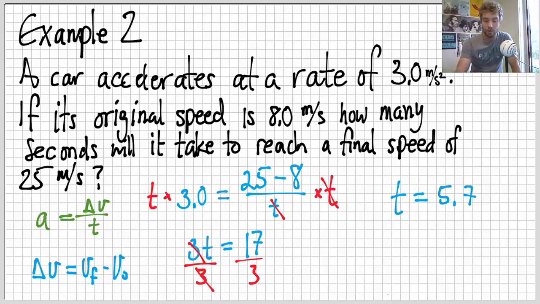So, it's good that this wasn't like 17 kilometers per hour in 3 seconds, right? It's meters per second and then meters per second squared. So our answer is going to come out to seconds. And if you do the maths, the units cancel properly, and the answer is, of course, 5.7 seconds.